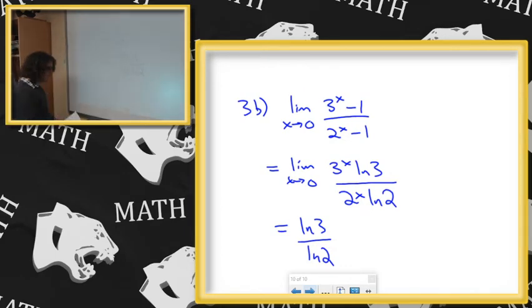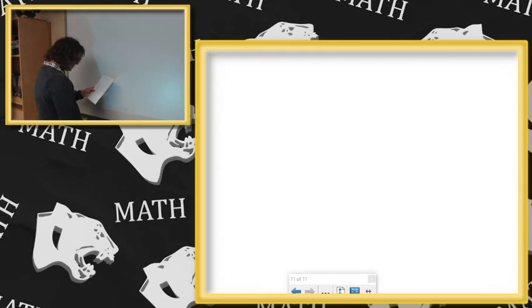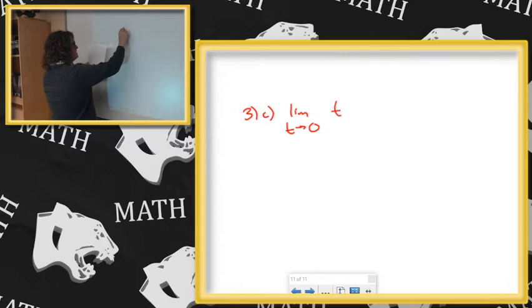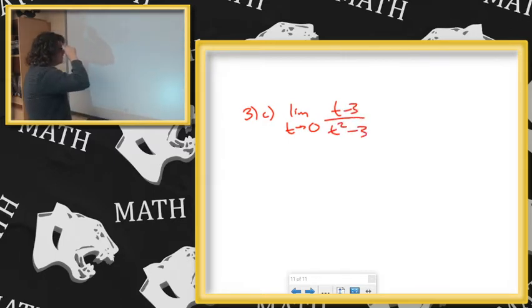All right, next up, we get 3c, which is the limit as t approaches 0 of t minus 3 over t squared minus 3. All right, so in this particular case, put in the 0, and you get minus 3 over minus 3, which is 1.